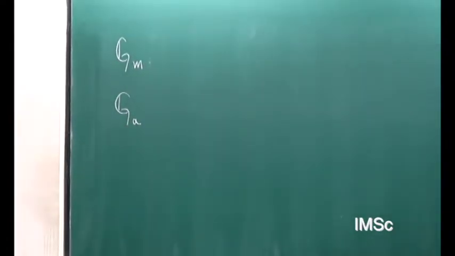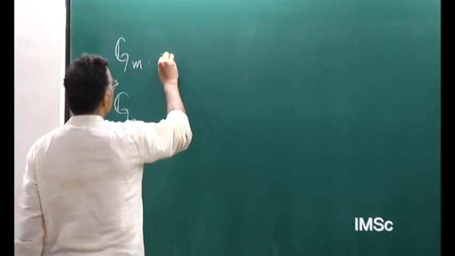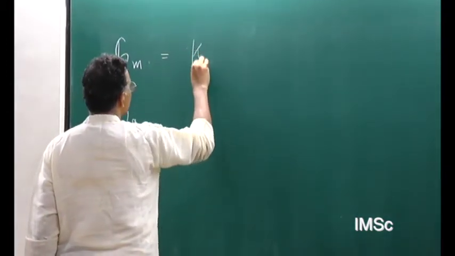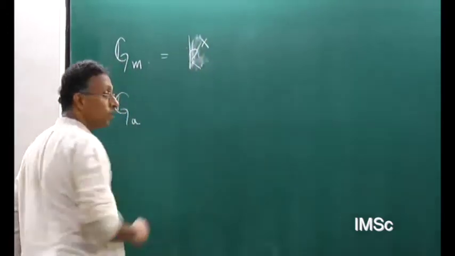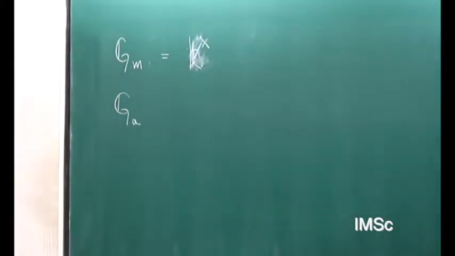What is GM? GM is of course just K star. M for multiplication, A for addition. That's the logic for the notation.